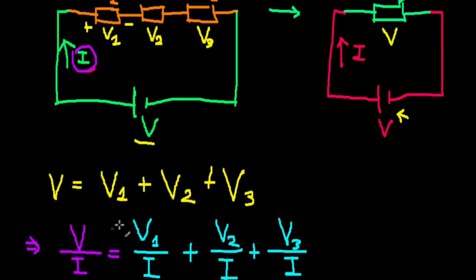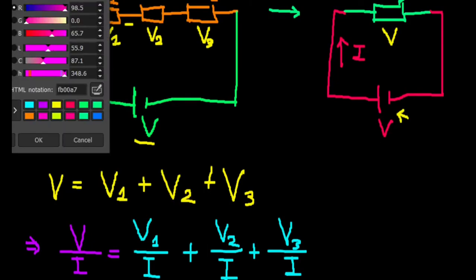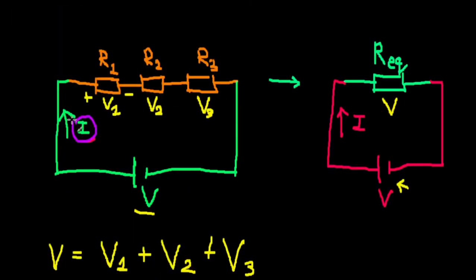Now, what is V1 by I? If we just look at our diagram right here, what is the current through this resistor R1? Well, this is a series combination of resistors.